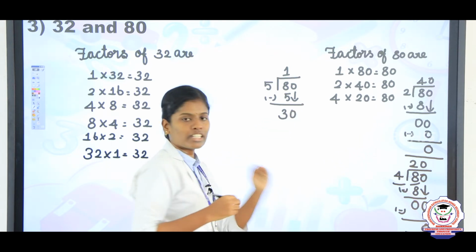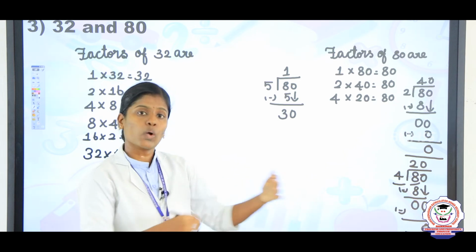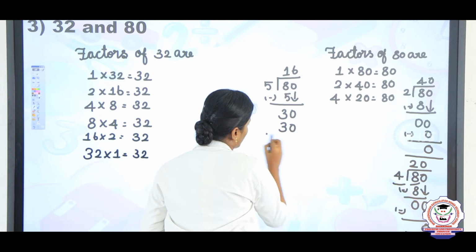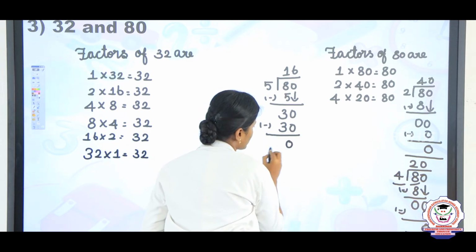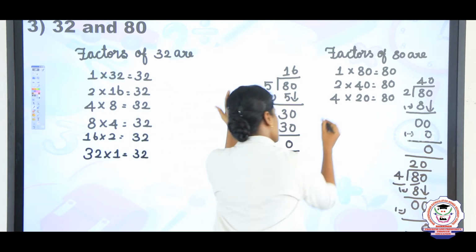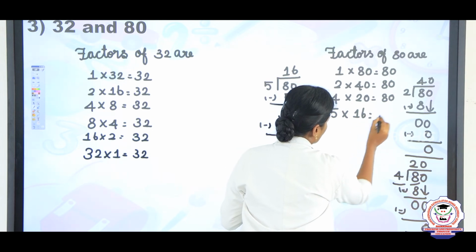And 5 table of 30 is how many times? 5 6s are 30. Here, the quotient value is 6. 6 5s are 30. Now, 30 minus 30, the answer is 0. So, 5 16s are 80. Write the answer 5 16s are 80.